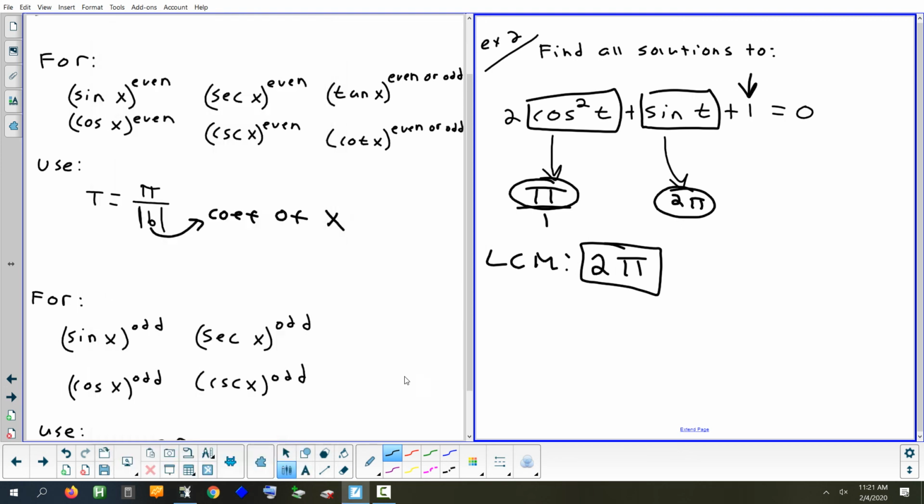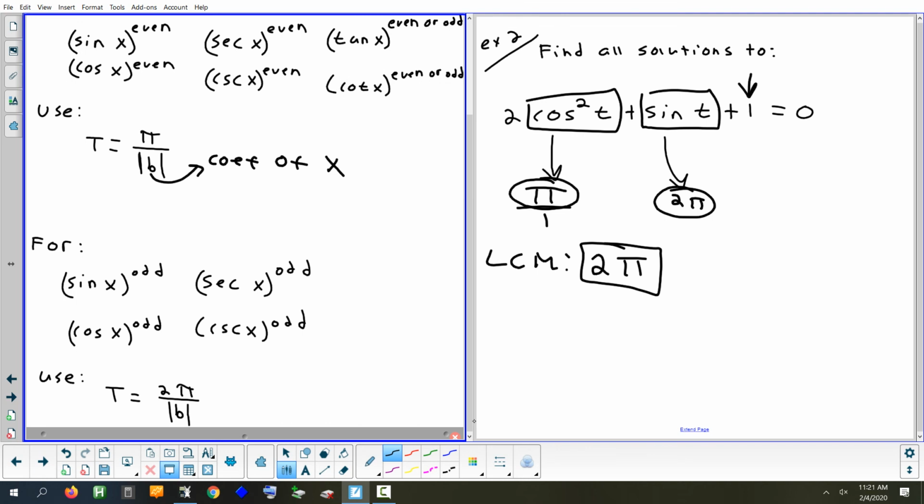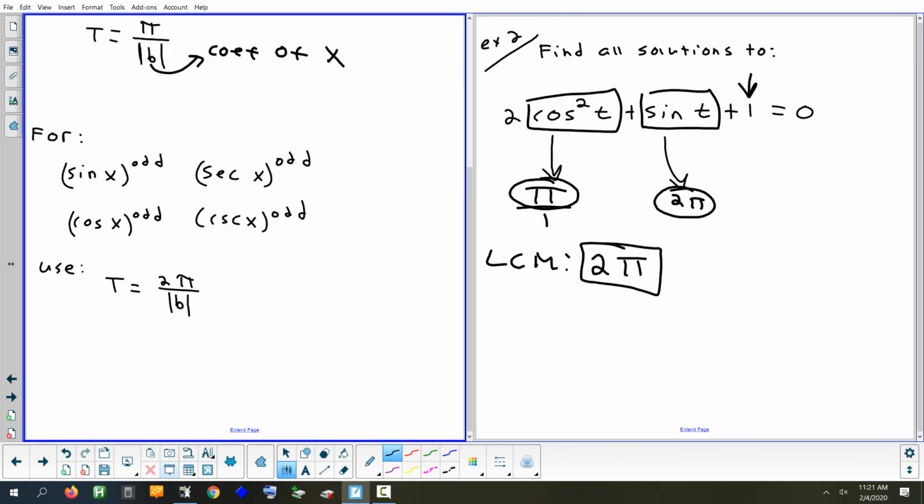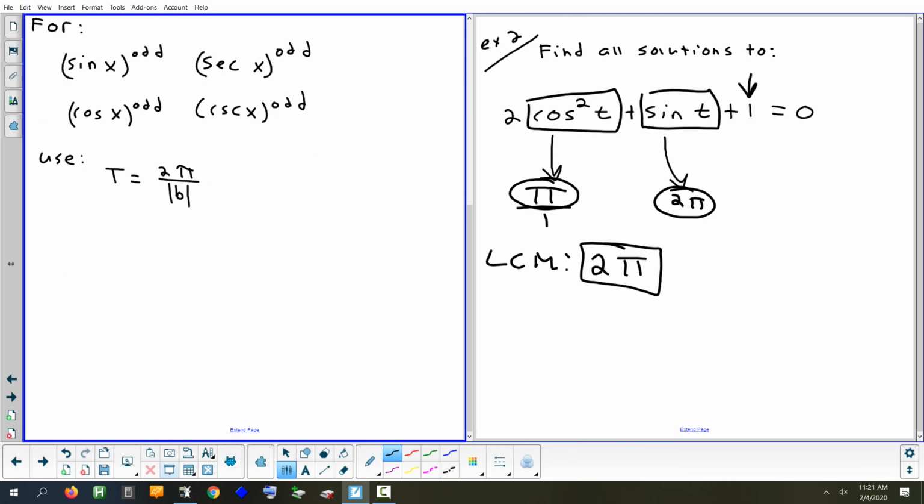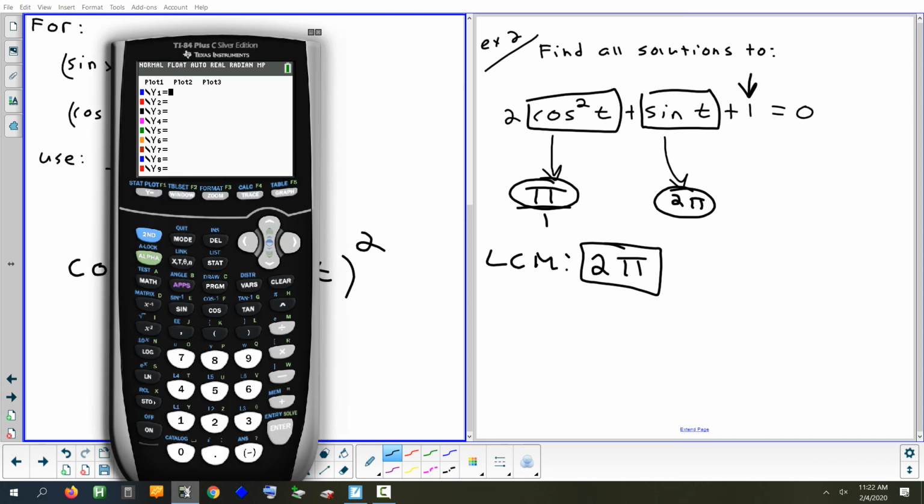Now, in order to type in a power, how you write powers on paper and how they look on the calculator are different. You can't type something like this in on the calculator. So the way it's going to look on the calculator, that's what it looks like on paper. This is what it's going to look like on the calculator. Those mean the same thing. Okay? So let's type that in.